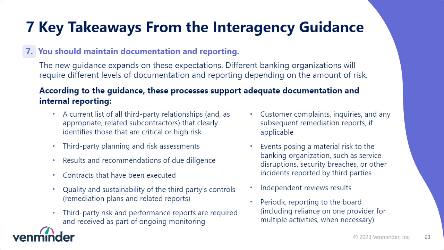We need to maintain vendor control documentation. We have to document and report any event that has a material risk, such as a cyber attack or a breach. We need to keep those audit results handy, and we also need to make sure that we are reporting to the board.